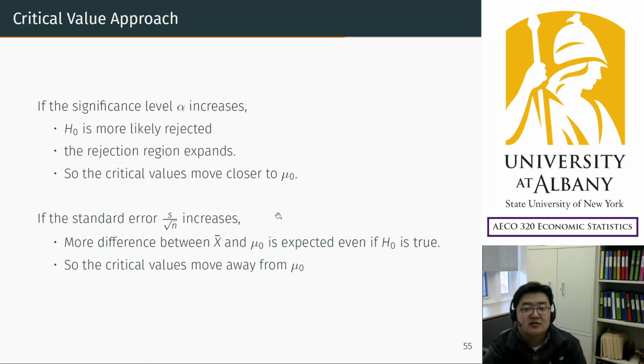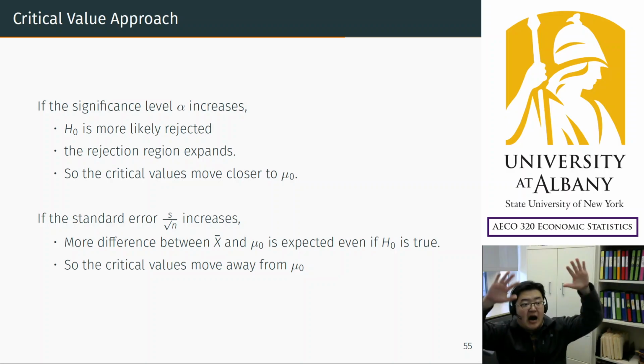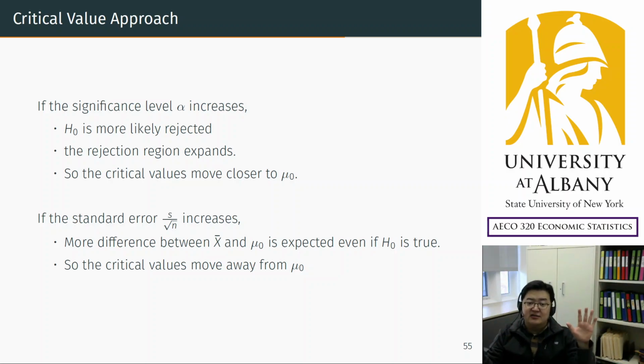Okay, and then remember, when the significance level increases, the basic idea is that more significance level means a higher percentage of rejection, so rejection is more likely. So the rejection region expands, so the outside area must expand, and in other words, the critical values must narrow down closer to the null hypothesis.